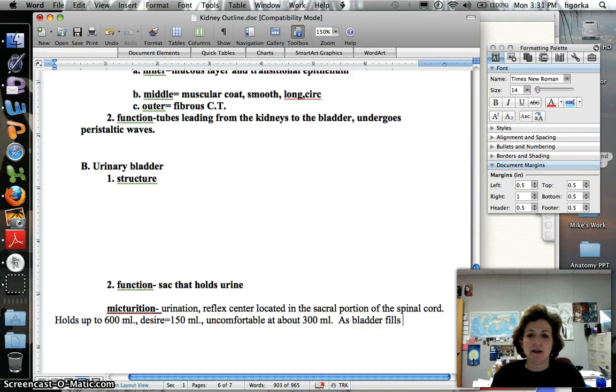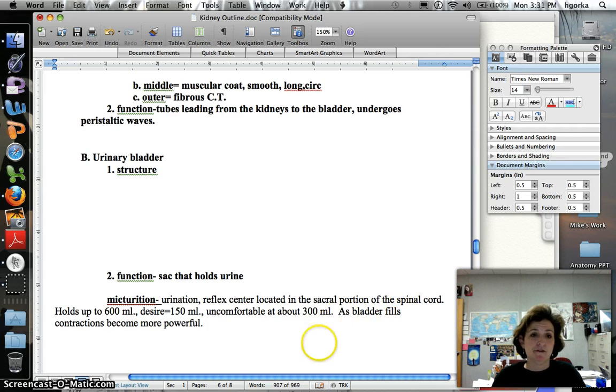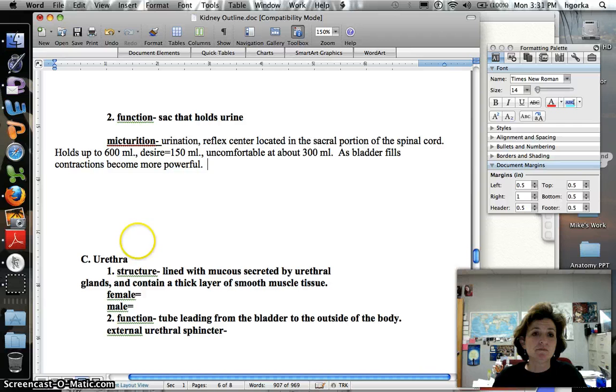The reflex action to that stretching causes that pain, and the contractions become more powerful. So it is pretty hard to ignore when your bladder is completely full and it's time to urinate.